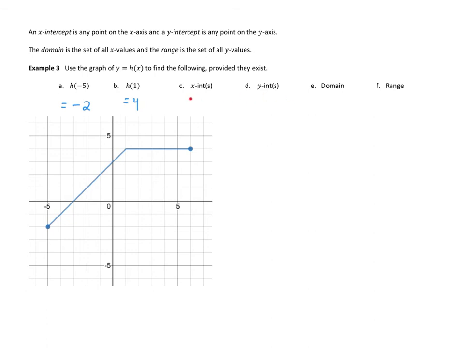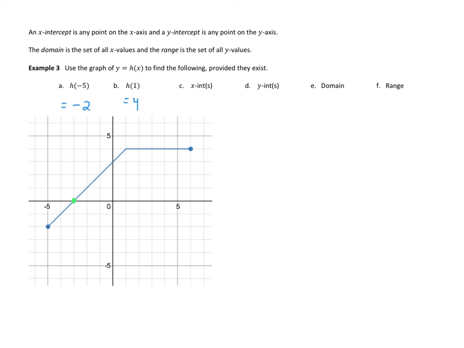For C and D, here we're looking for an x-intercept and a y-intercept. Now, an x-intercept is any point on the graph that falls on the x-axis. So starting with that, here's the x-axis, and I see the graph actually equals the x-axis right here. So this spot is what we call an x-intercept.